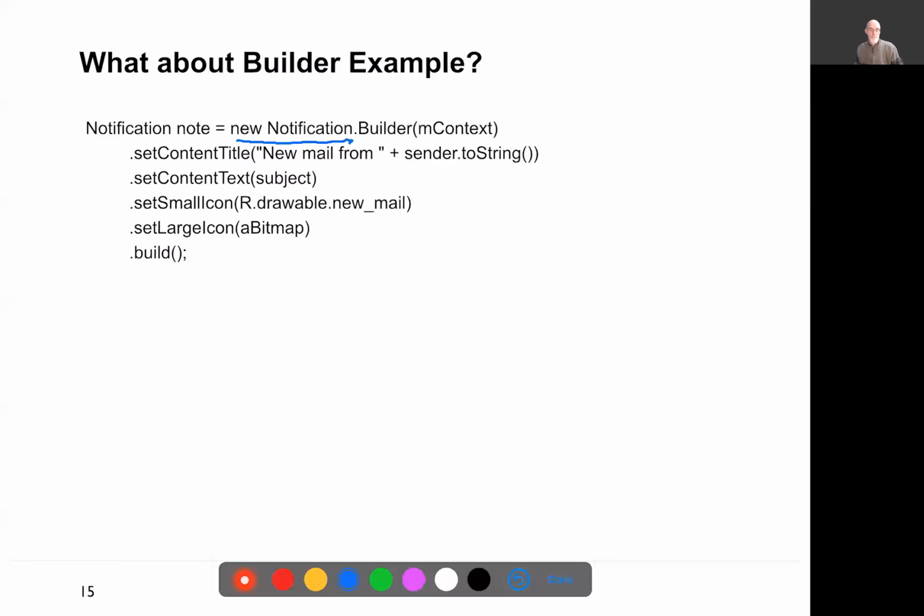But I am using multiple dots, and that rule of thumb is only one dot. The difference here is I am sending the same message to the same thing which I created here. So this really doesn't violate it.